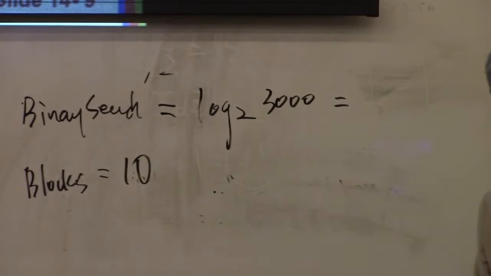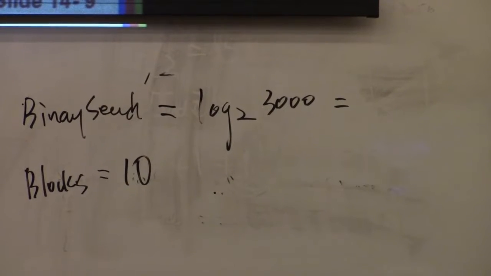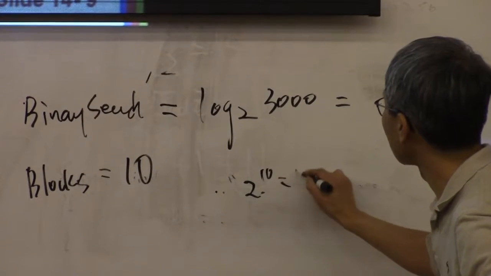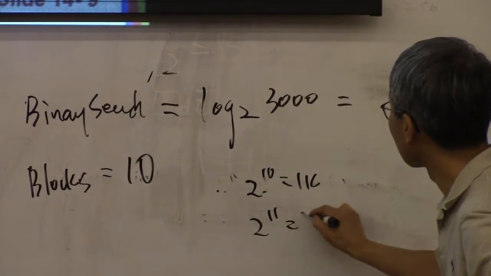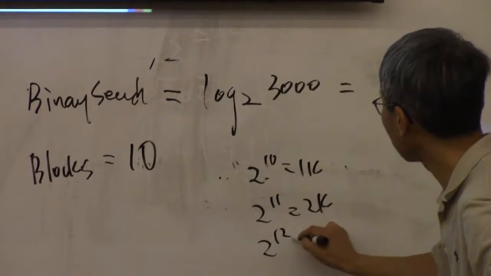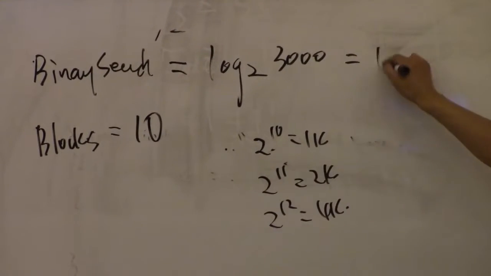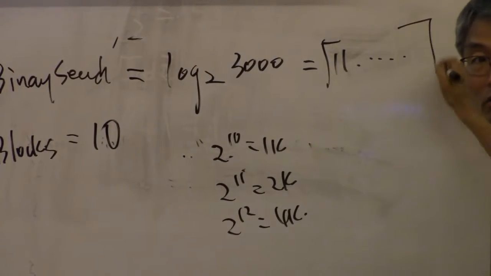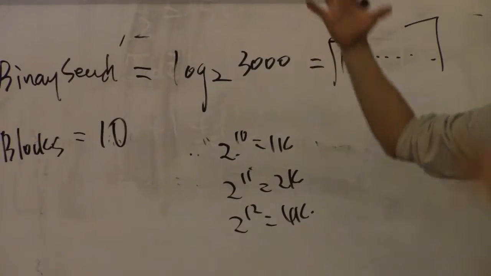What is the value? 2 to the power of 10 is 1K, 11 is 2K, and 12 is 4K. So it's 11 point something, and it should be the ceiling, because it should be an entire block.